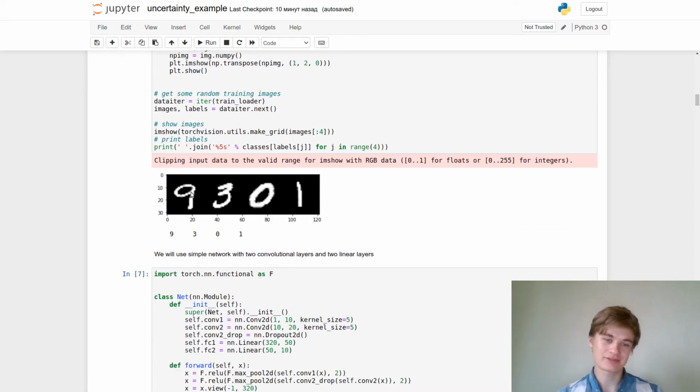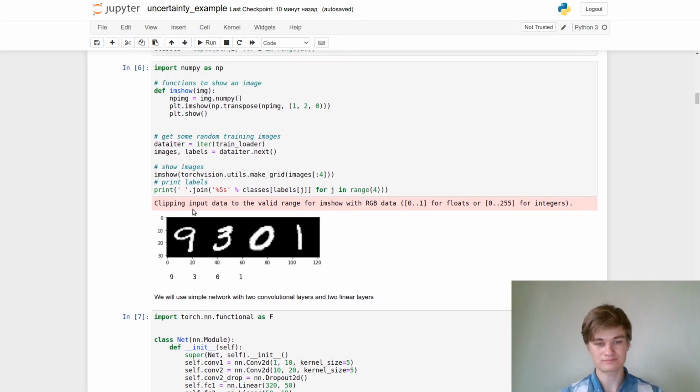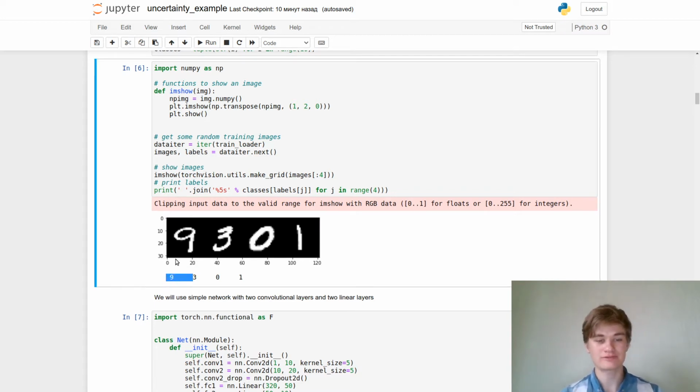And the dataset looks like that. You have some small images with numbers inside these images, and you have classes. Based on the image, you should classify it with digits from 0 to 9.